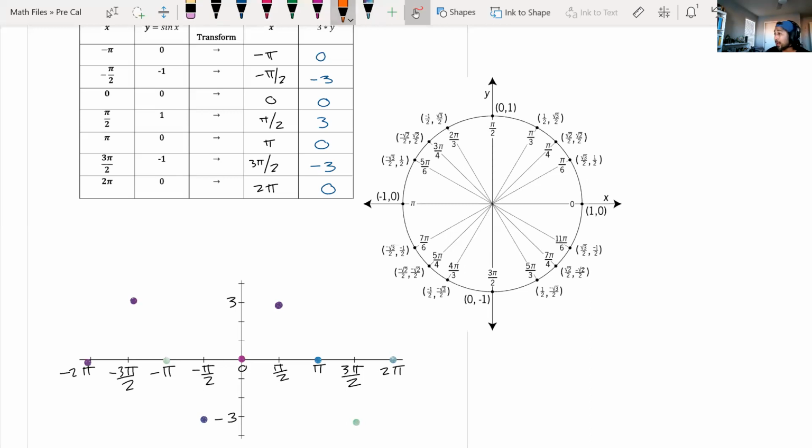So here's what my transformed sine function looks like. All we did was take the y values and stretch them by a multiple of 3. That's it. Any questions on that?